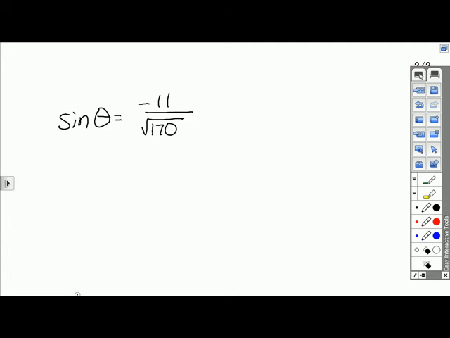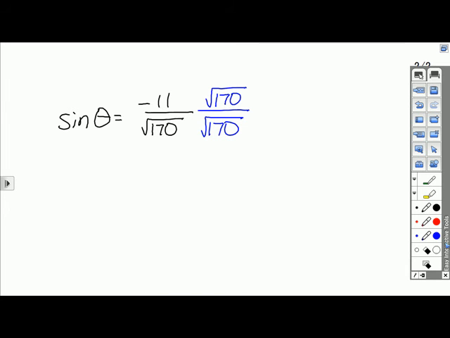Do you remember how to get rid of the radical on the bottom? Yeah, multiply top and bottom of the fraction by whatever that radical is. I can multiply top and bottom of a fraction by the same number. That's legal, right? Even if it's a radical.